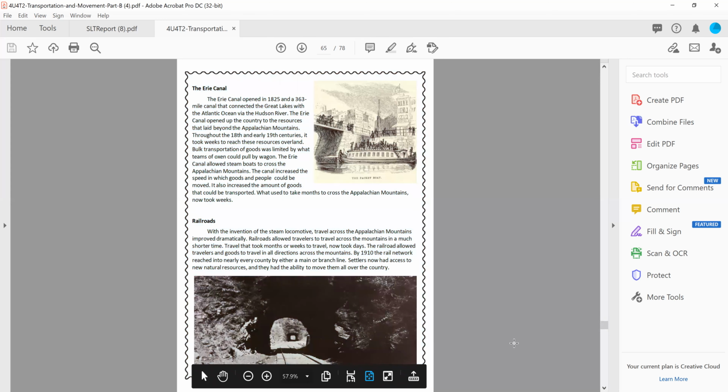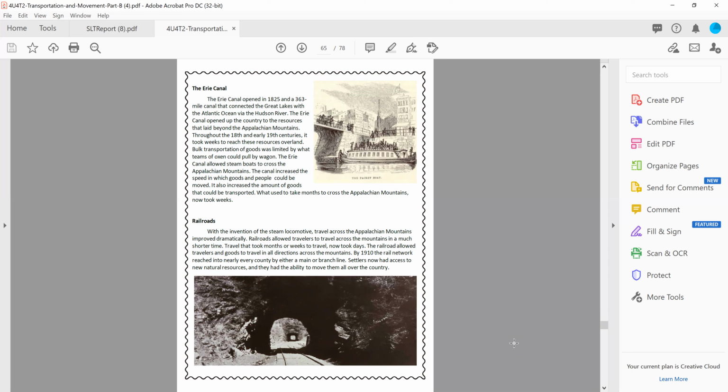The Erie Canal. The Erie Canal opened in 1825 and was a 363-mile canal that connected the Great Lakes with the Atlantic Ocean via the Hudson River. The Erie Canal opened up the country to the resources that lay beyond the Appalachian Mountains. Throughout the 18th and 19th centuries, it took weeks to reach these resources over land.